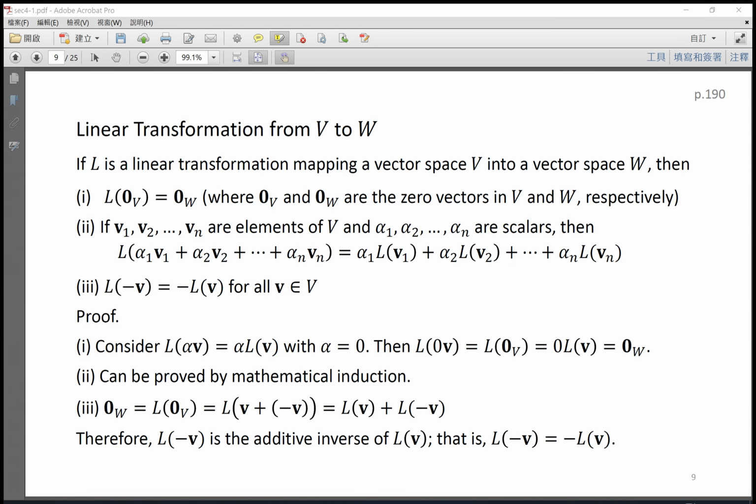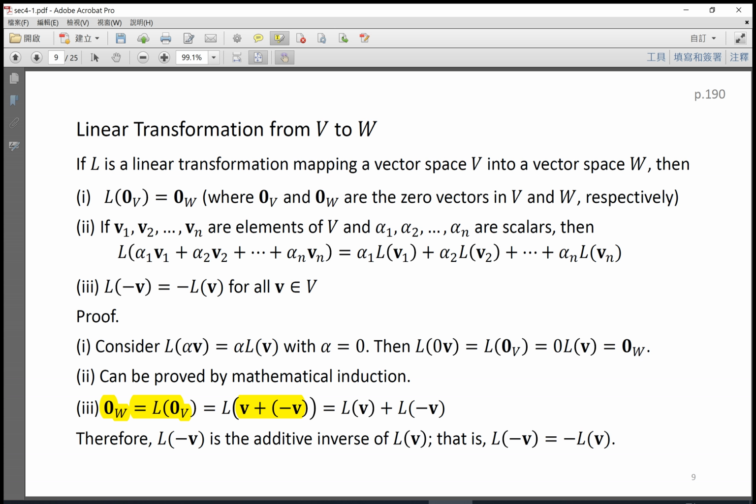Statement 3 states that L of minus v equals minus L of v for all vectors v in the vector space. To prove statement 3, we will use the result of statement 1. From statement 1, we have 0w equals L of 0v. Due to the vector space axiom, 0v is the sum of v plus minus v for any vector v in the vector space.